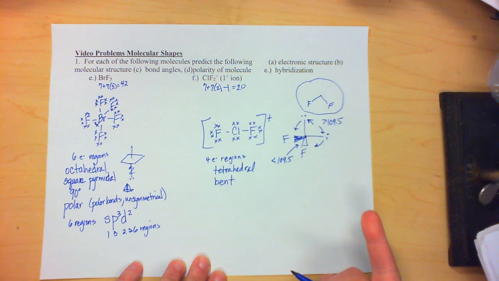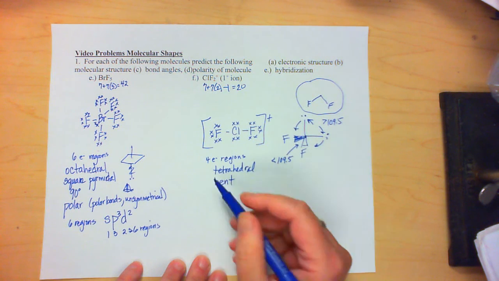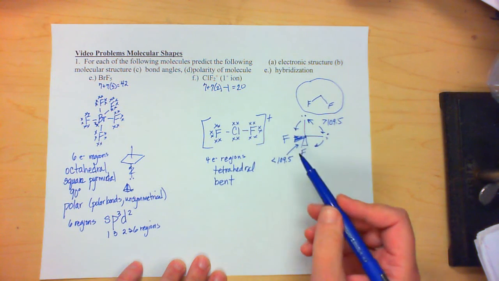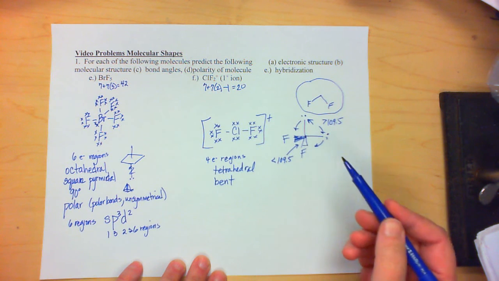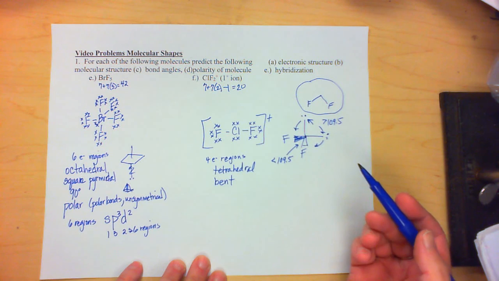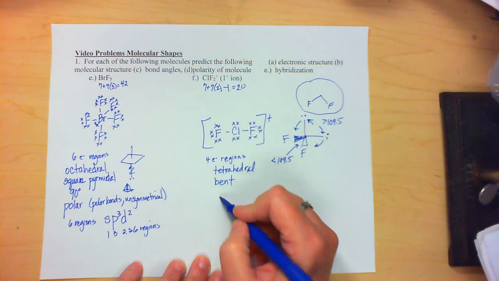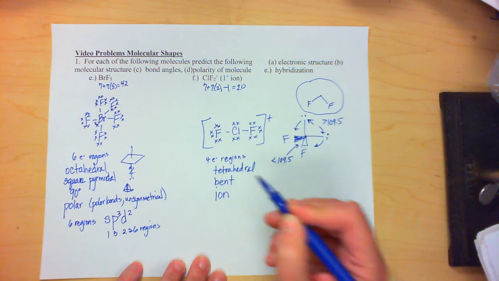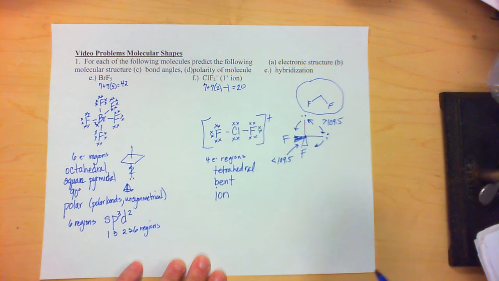So those are our bond angles. Our polarity, if you looked at it, would be bent, so it's totally unsymmetrical. It has polar bonds, so if it was a molecule, then it would be polar, but it's not. It's an ion. And ions are not polar.